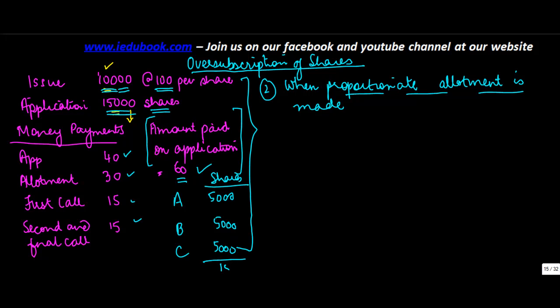Right? So they applied for 15,000 and the number of shares allotted to them was proportionate. I'll work it out for one, and for the others: 5,000 you applied into 10,000 divided by 15,000. Now you must be wondering, how have I got these things? Sorry, I think I've taken it the reverse way.